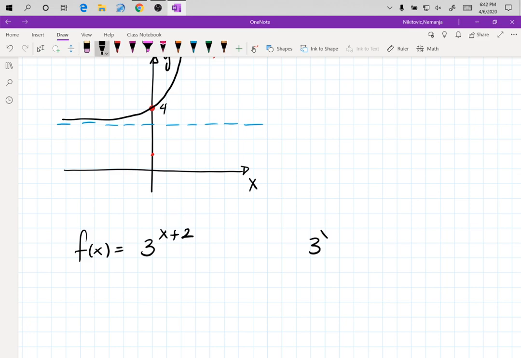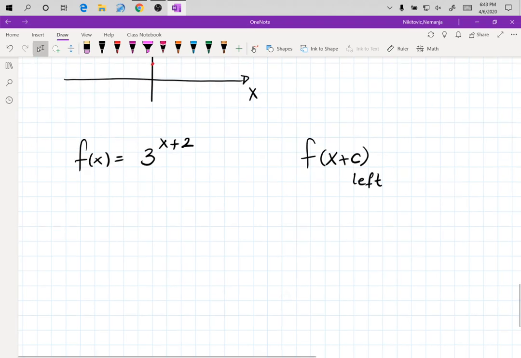It's not 3 to the x, plus 2. That's up. This plus 2 is left. Again, all of the same principles that you learned in 1.6 are still applied the same way here. So if you have f of x plus c, then that means it's moving to the left.